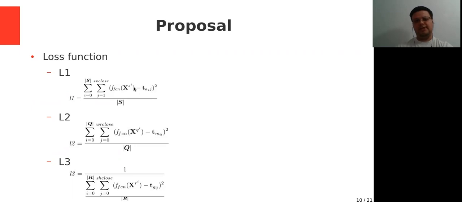The only values here that have gradients that will influence the training in the loss function, the value that the optimizer will try to reduce, are the images from the support vectors. Here we have a parameter that is called close. That is the amount of closest anchors. This works kind of as a weight in our proposal.